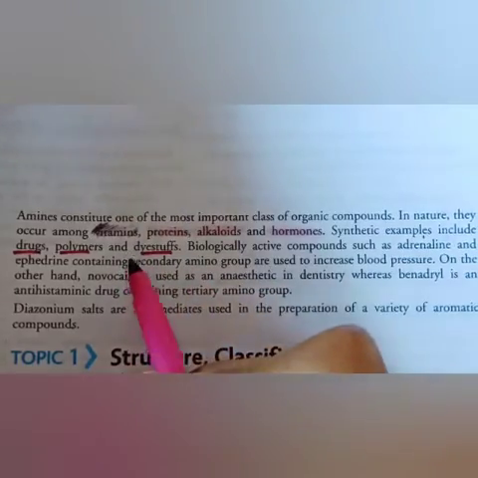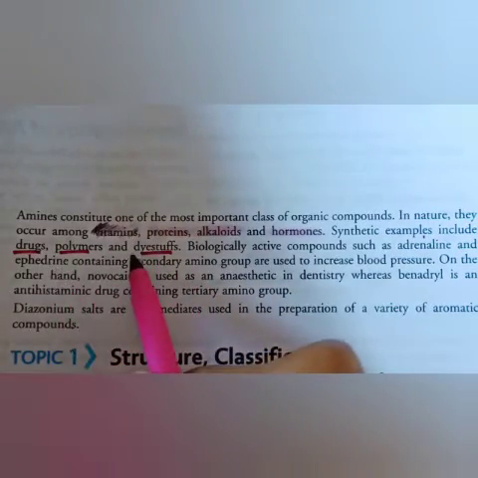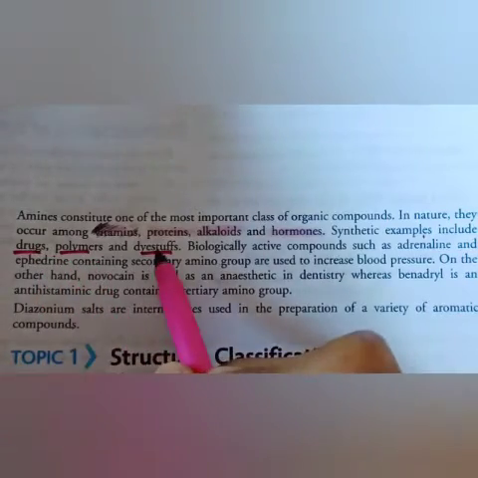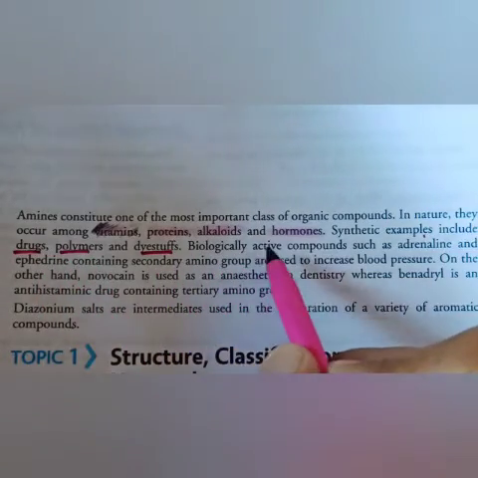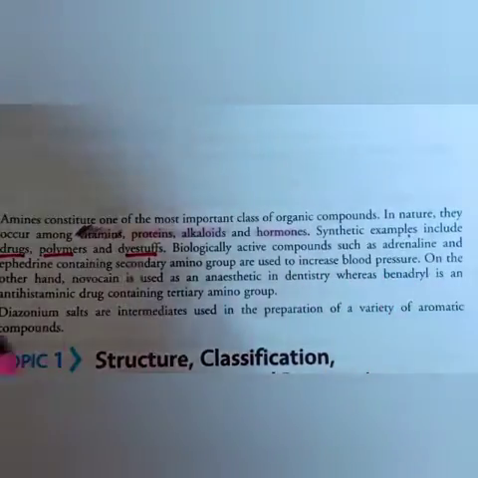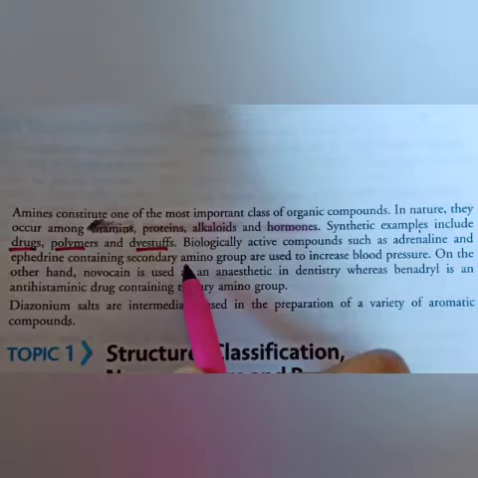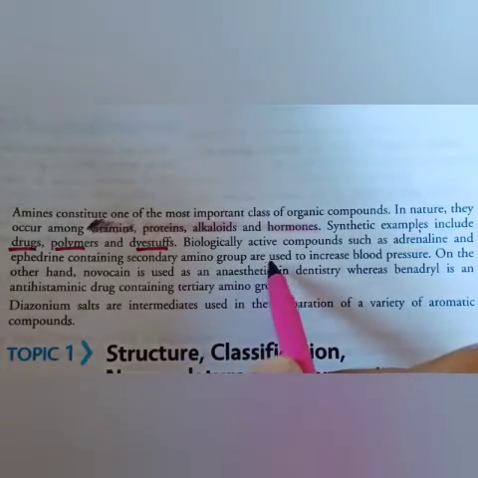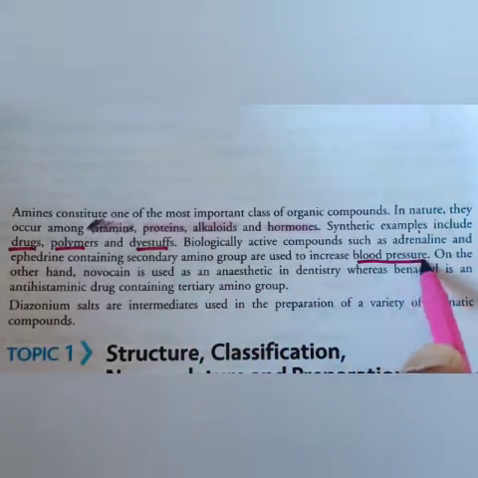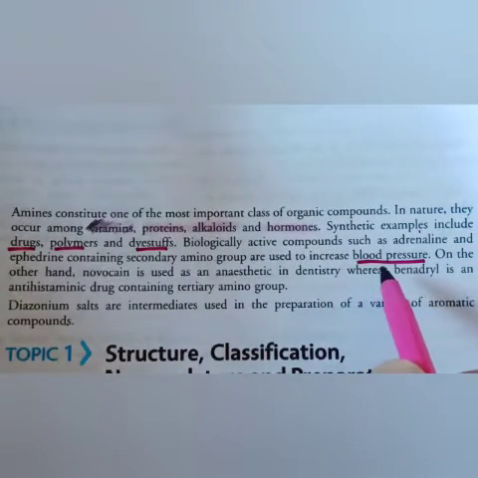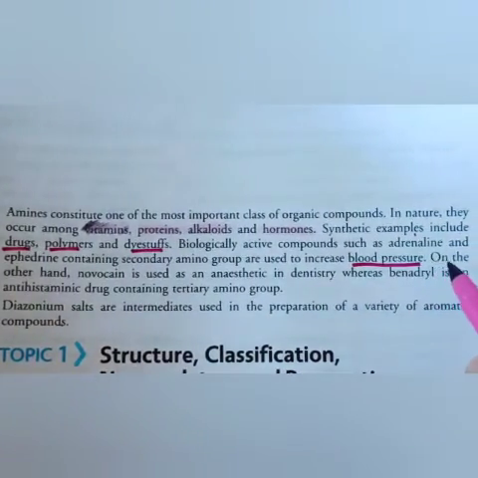Biologically active compounds such as adrenaline and ephedrine contain secondary amino groups, which are used to increase blood pressure in our body. So blood pressure is increased in our body due to the amino group.